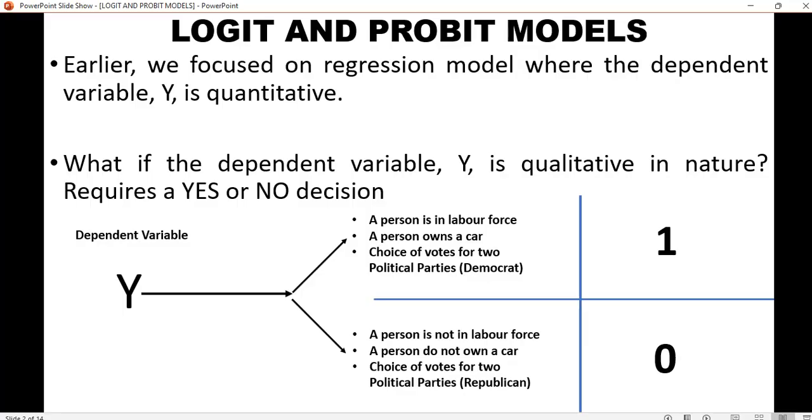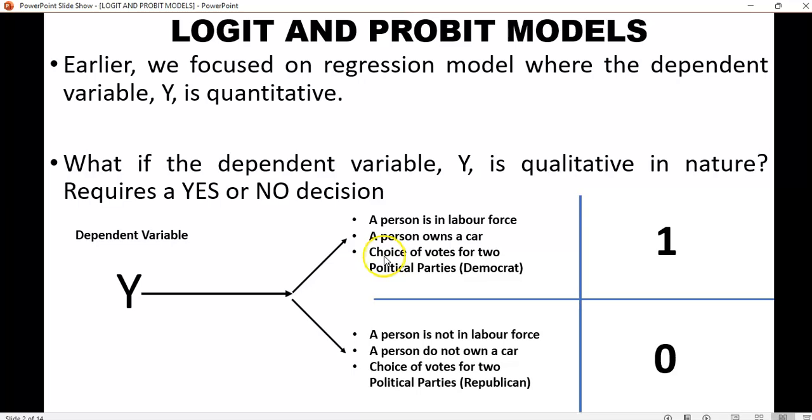For example, a person who is in the labor force or a person who is not in the labor force? How do we model such variables? What if a person owns a car or does not own a car? How do we get those data?